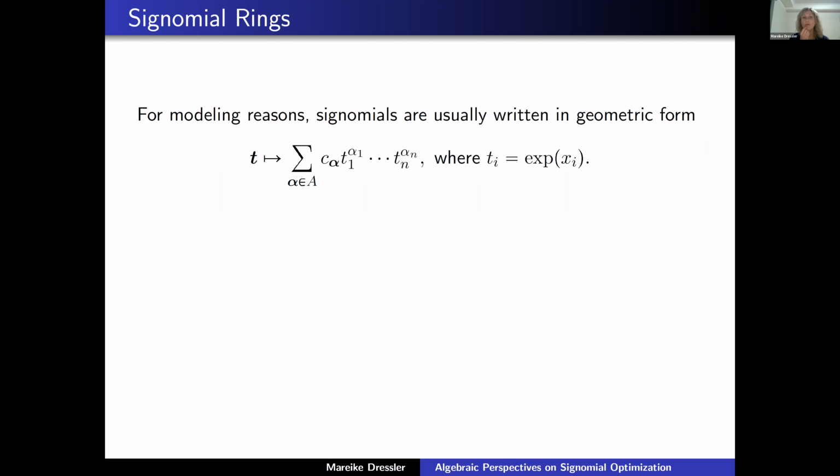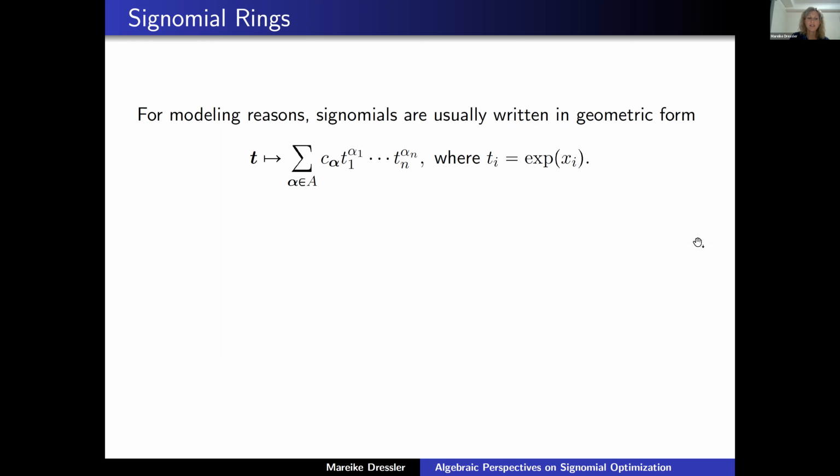For modeling reasons, and also in much of the literature, signomials are parameterized as generalized polynomials. So they are usually written in this geometric form, where t gets mapped to such a form, and the variables here are these t_i.